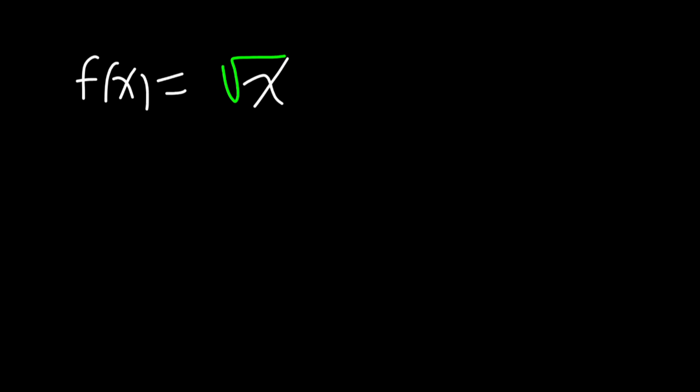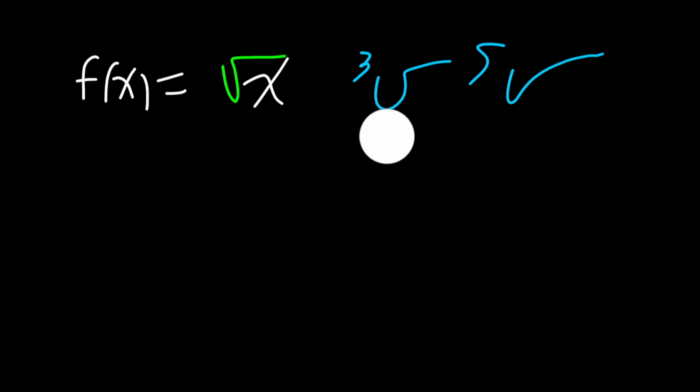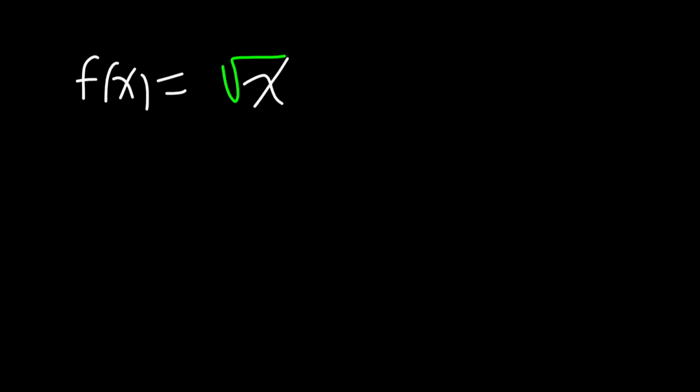Anytime you have something like this, a square root, a cubic root, a fifth root, anything like that, instantly put it in exponent form. Instantly. Because that's what we're dealing with in this power rule, is exponents. So this really equals x to the 1/2. Those are equal. So now we can apply our power rule.